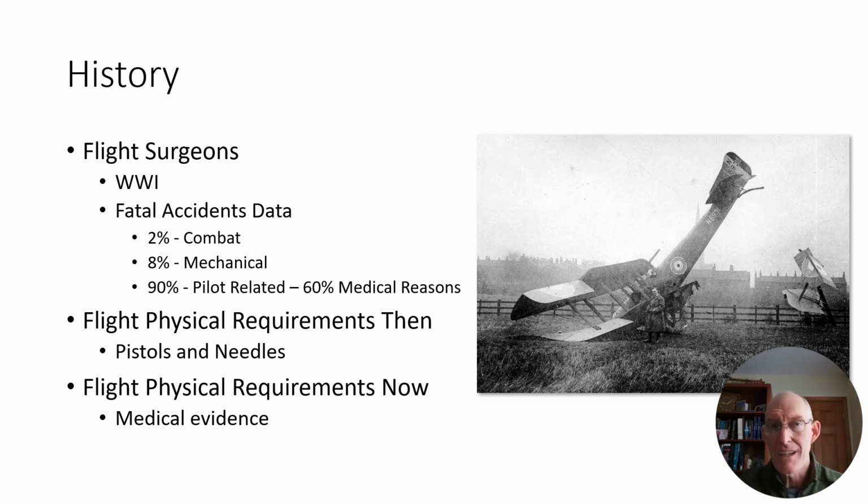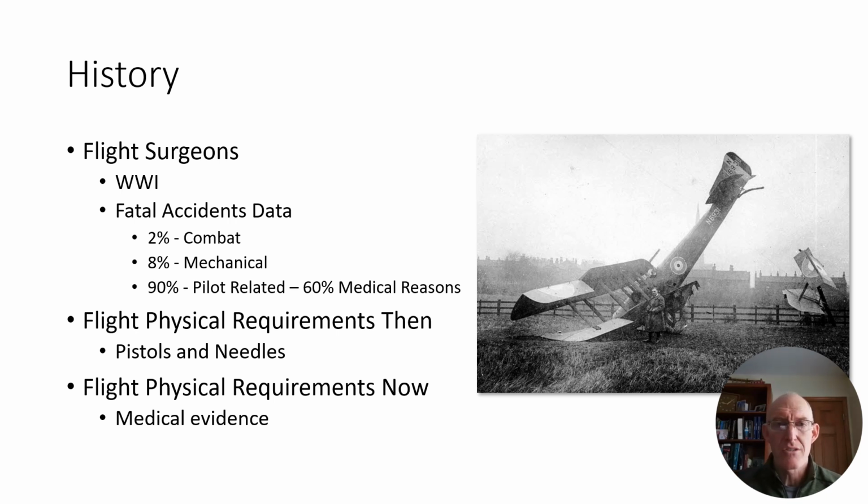So this was the beginning of needing to screen pilot candidates for medical conditions before they would go and fly. Back then, physicians based the screening on their best ideas, not necessarily on medical evidence. An example of this part of the exam is what I list here, pistols and needles. This was used to screen for nervousness.